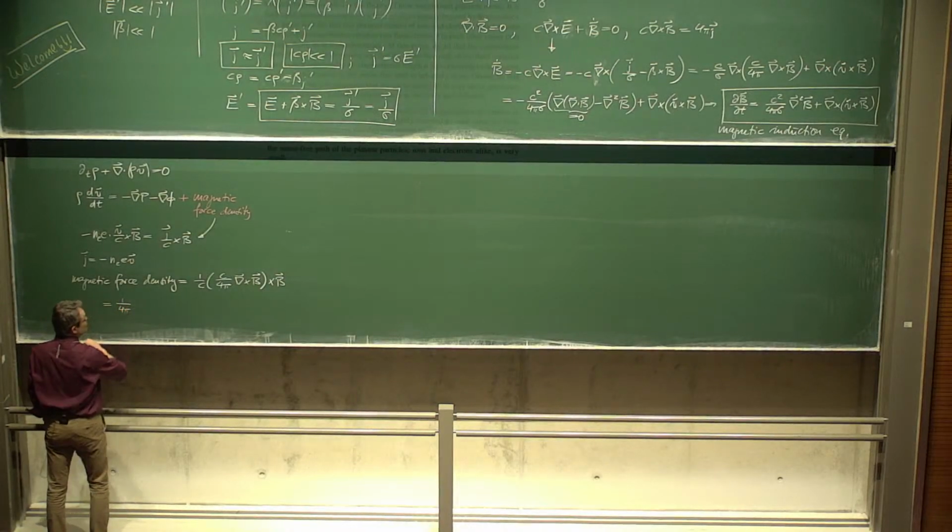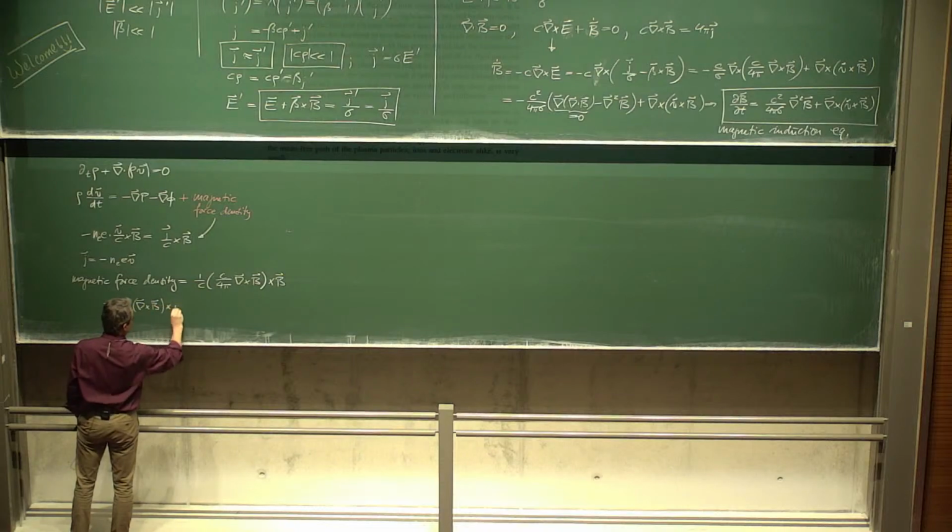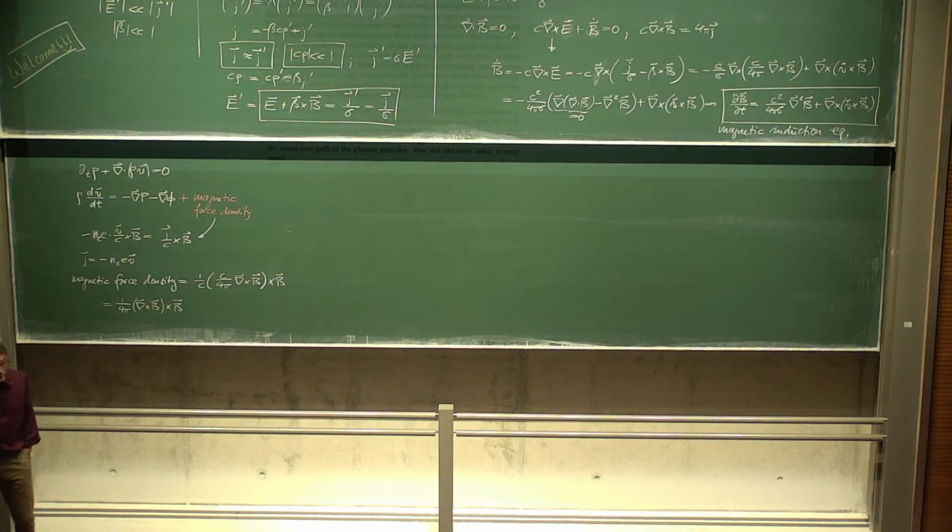I get 1 over 4 pi curl B times B. Okay, now this doesn't tell a lot, right?